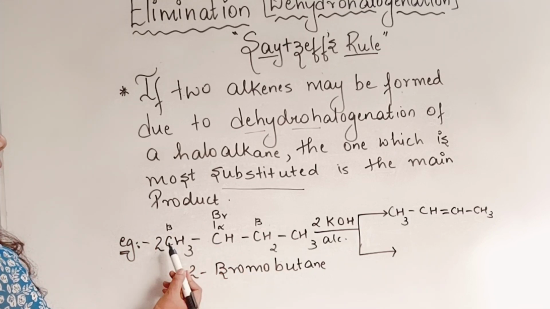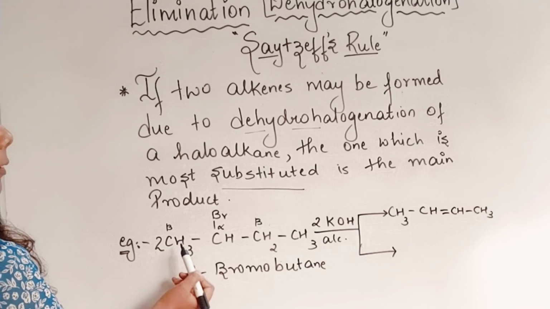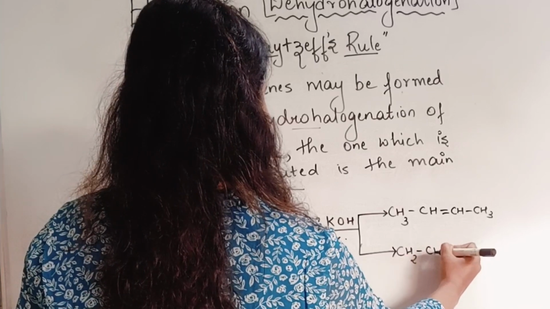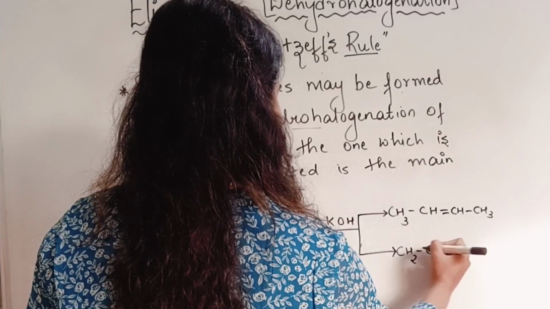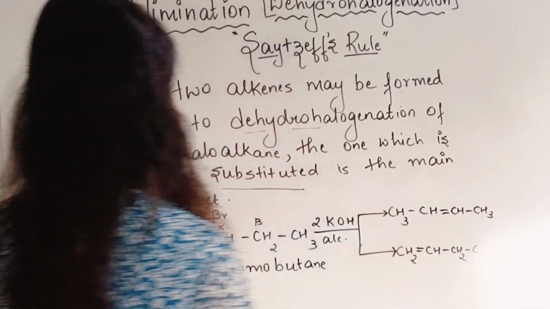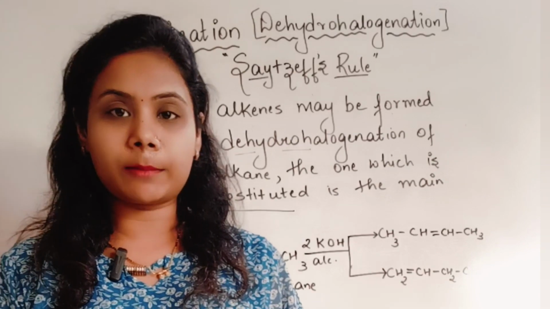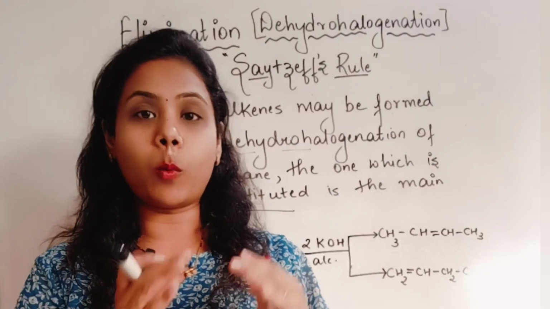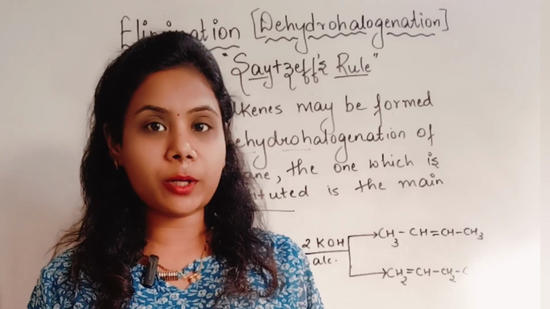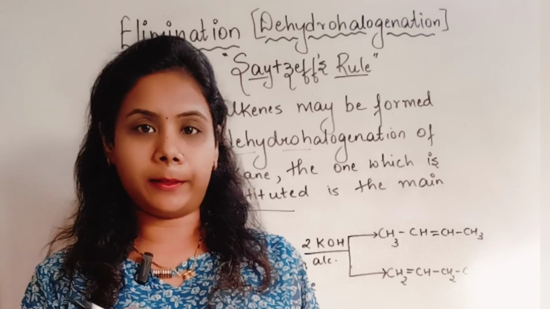The second compound will be the one in which there is loss of this particular hydrogen. So we will be writing CH2, CH double bond CH2, CH3. This is how you write the mixtures of alkenes by following the Saytzeff rule. The one which is more alkylated will form the major product. The one which is less alkylated will be the minor product.